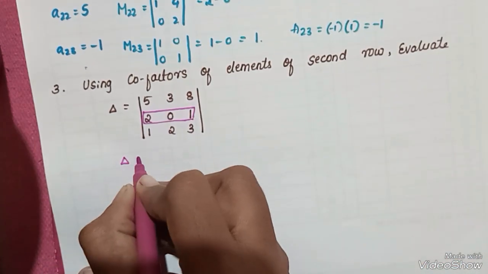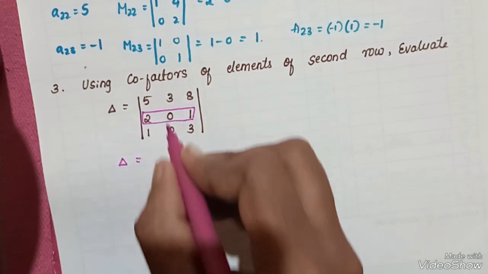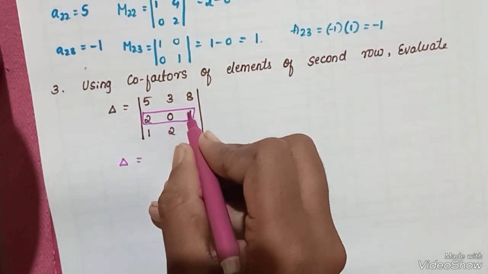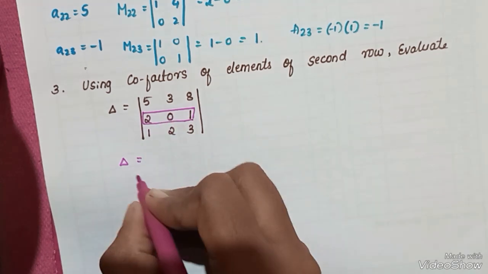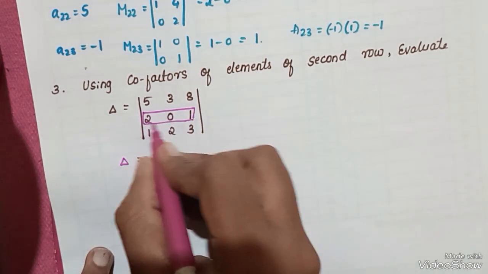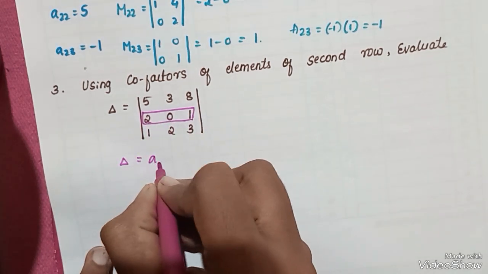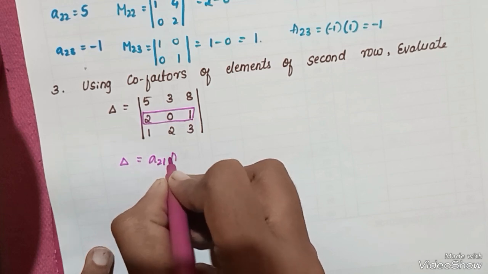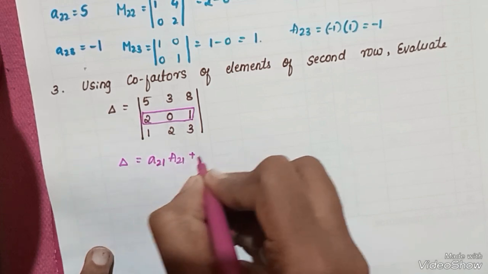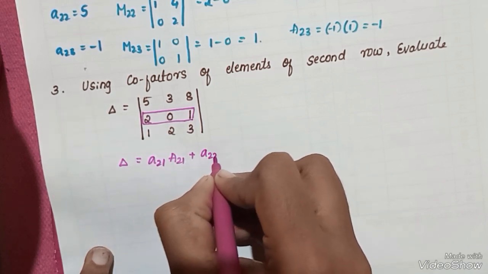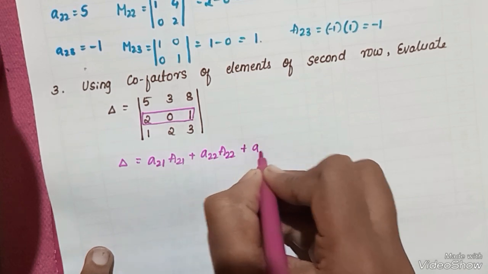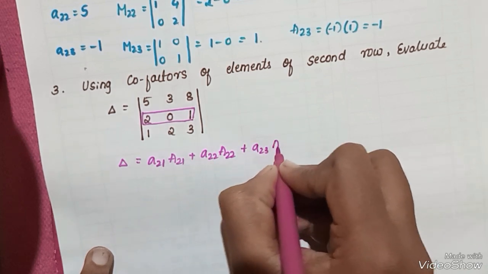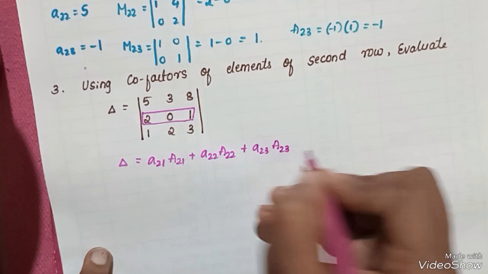Delta is equal to, because we expand by using the cofactors and elements, for the second row the elements are a21 into cofactor of a21 plus a22 into cofactor of a22 plus a23 into cofactor of a23.